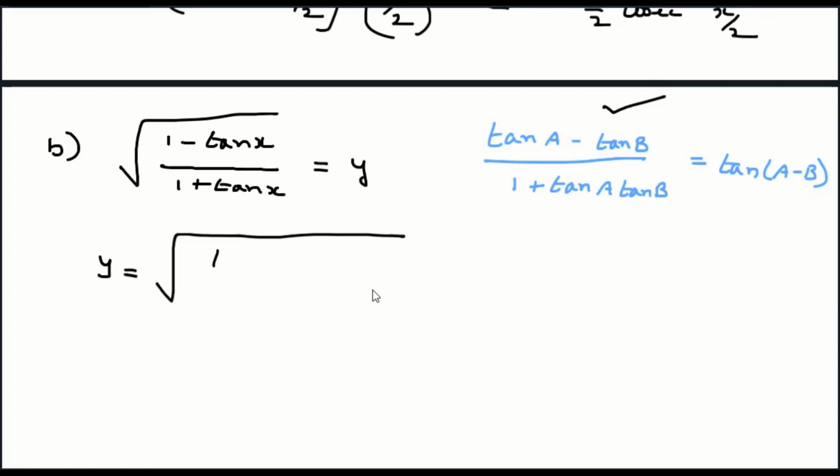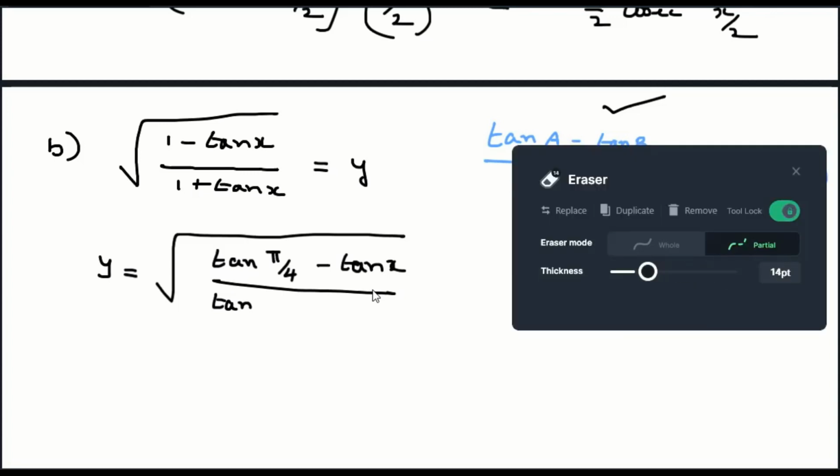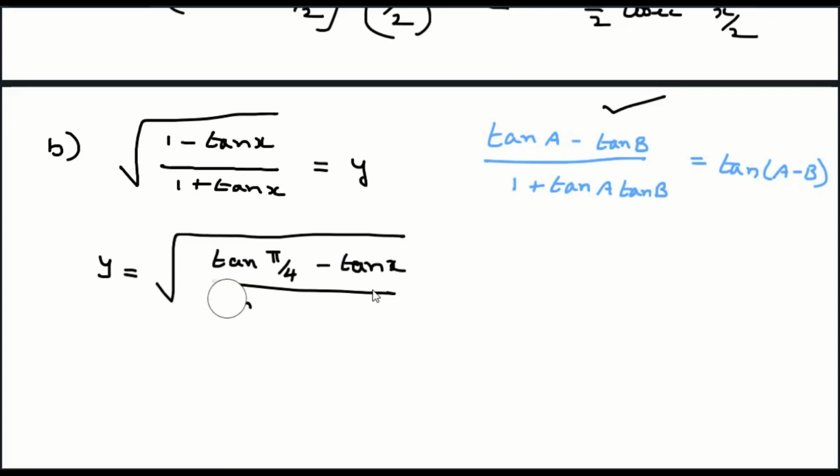So I can write it as 1 is tan 45 degrees, right? So tan pi by 4 minus tan x divided by 1, which can be written as 1 itself. That one you need not change because in the formula itself it is 1 only. So you can write it as 1 again there.